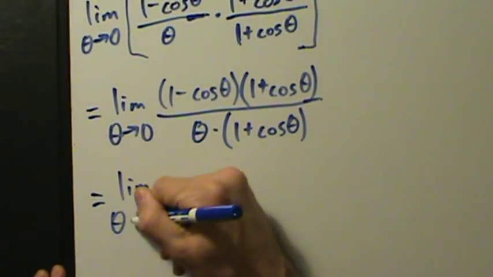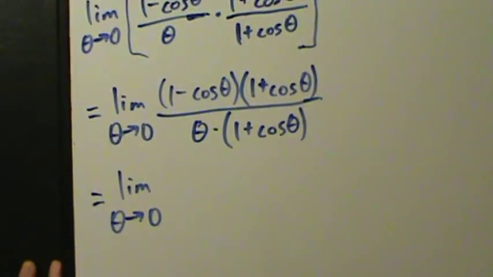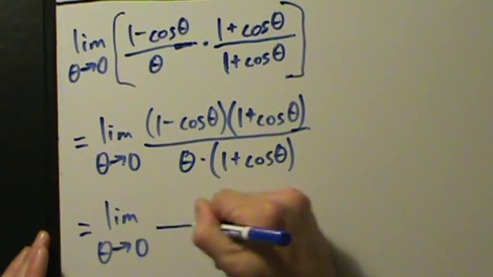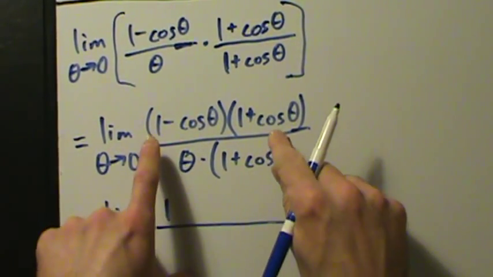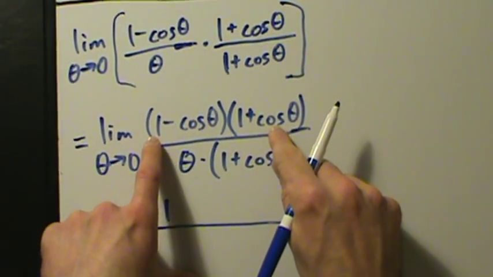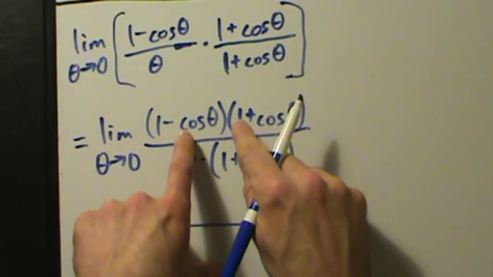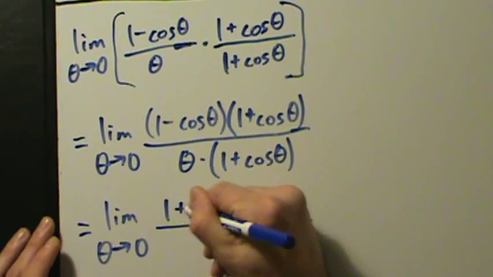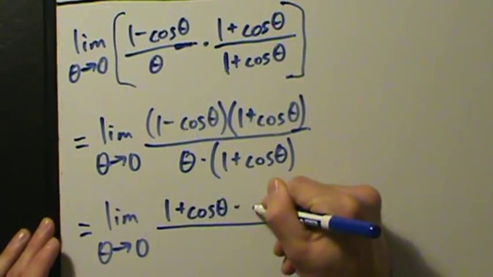So limit as theta goes to 0 of, all right, now if we FOIL, first gives us 1, outer is plus cosine theta, inner is minus cosine theta, so those are going to cancel. Plus cosine theta minus cosine theta, those cancel. No harm in writing them though.